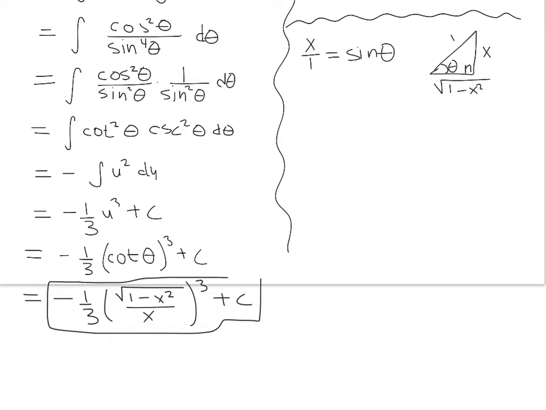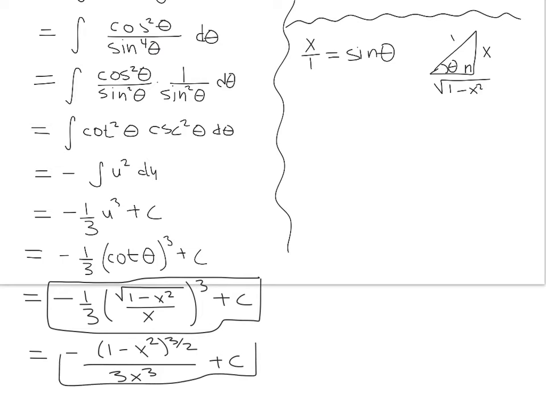Bada boomba, there we go. Which, if you want to, could also be expressed as follows. You could write this as negative 1 minus x squared to the 3/2 over 3x cubed plus c. Same thing. Either answer is good.